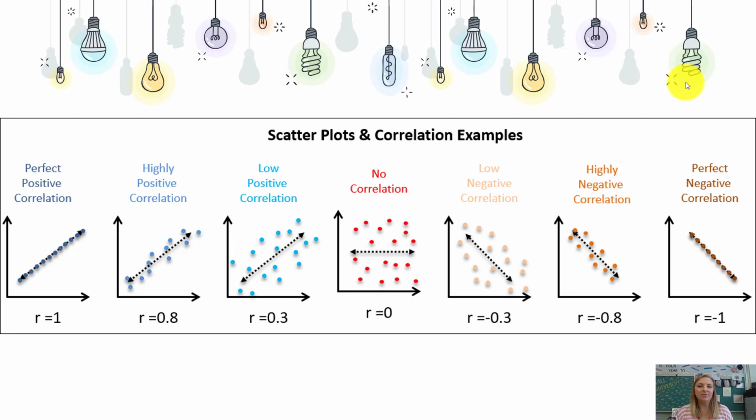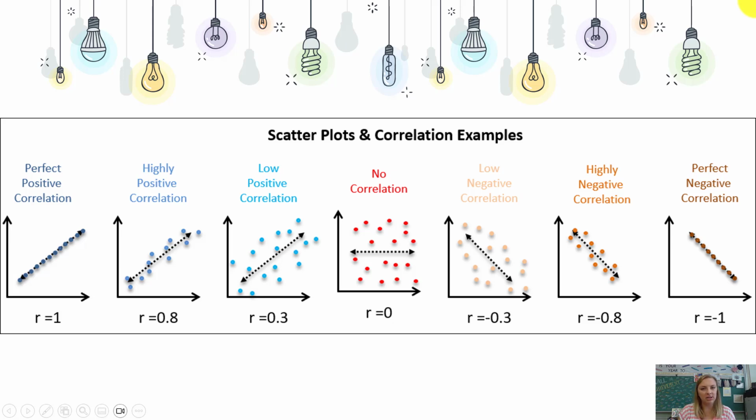Here are some examples of different R values and their scatter plots and how they would look. Over here on the left, we have a perfect positive correlation. That's an R value of +1. The next one is a highly positive correlation, or a pretty strong correlation, with an R value of +0.8. Then we start to get weaker, of a +0.3.